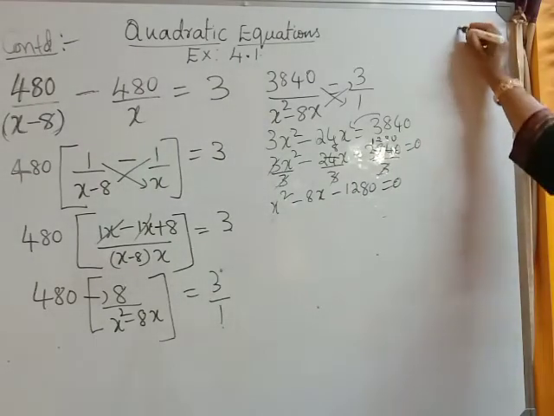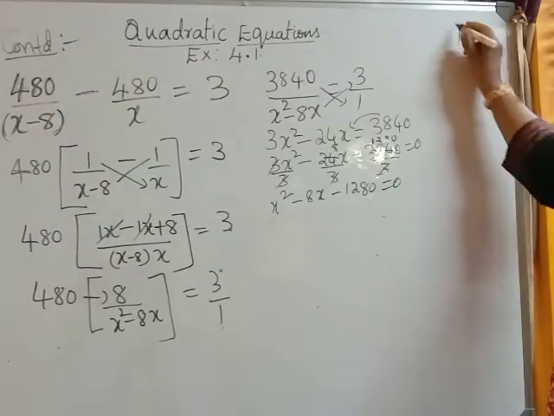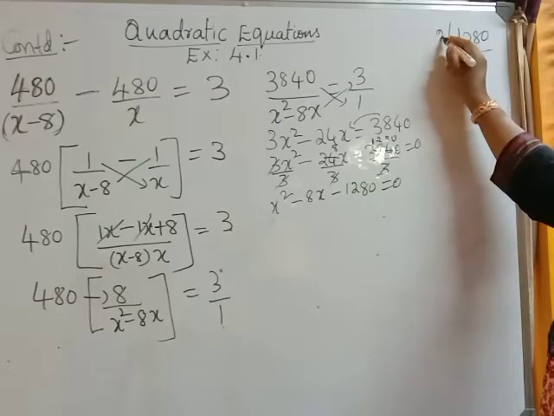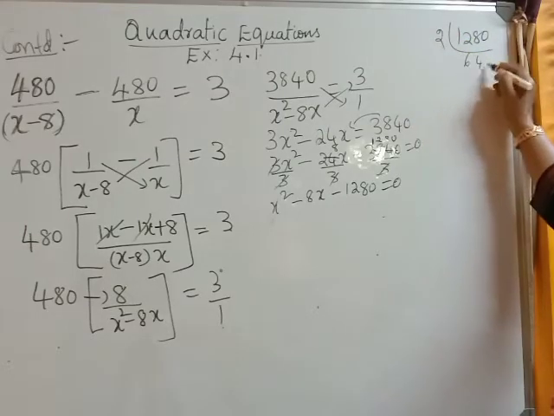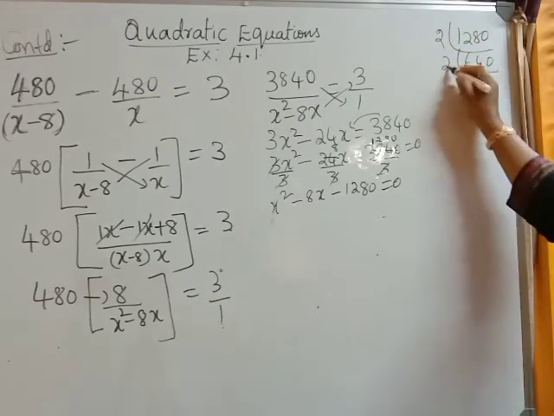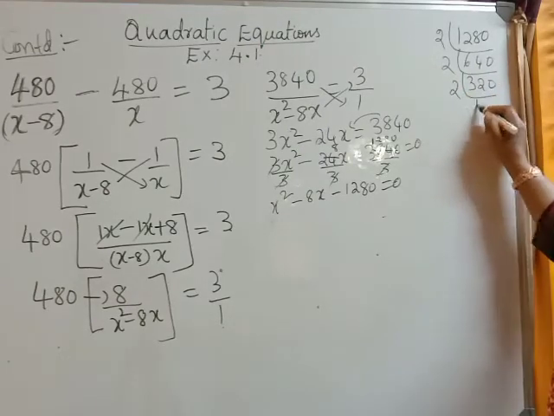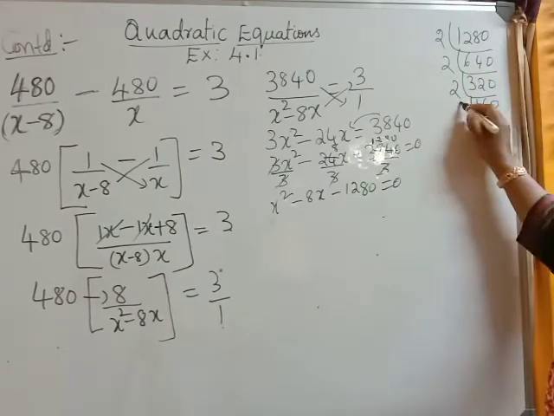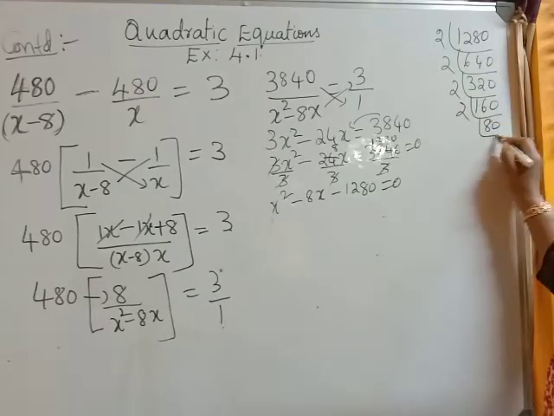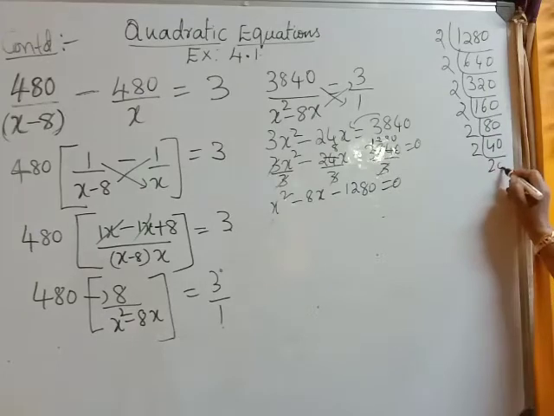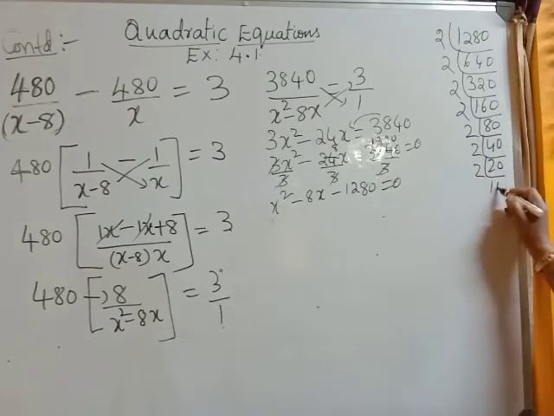Here I will find the factors of 1280 and group them. 1280 is 2 into 640, 2 into 320, 160, 80, 40, 20, 10 and 5.